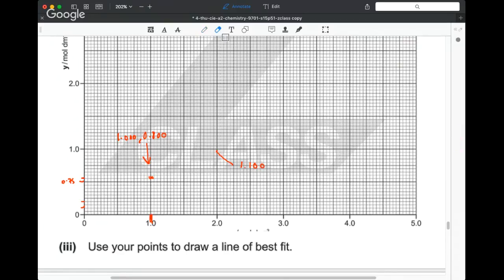I'm trying to read off my notes here. The x value is 1.500, and the y value is 1.350. Now, finding that, the x value is quite easy.